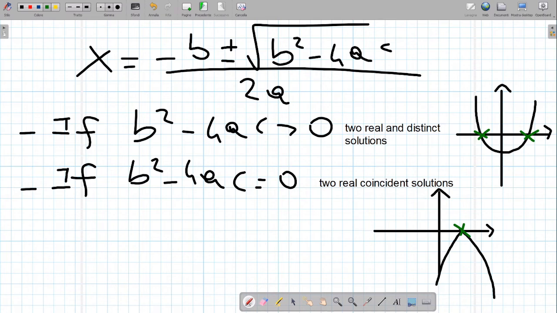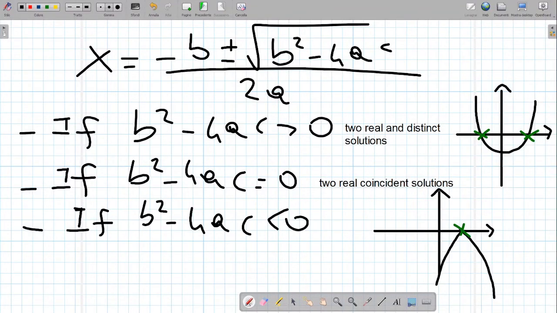The last case is if the delta is negative, and we have said yesterday that the equation will have no real solution. And what does it mean from the point of view of the graph? No real solutions.